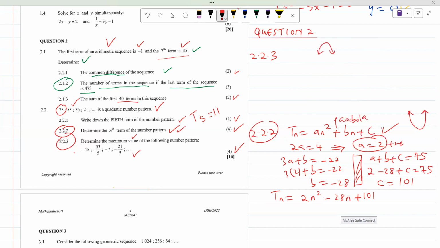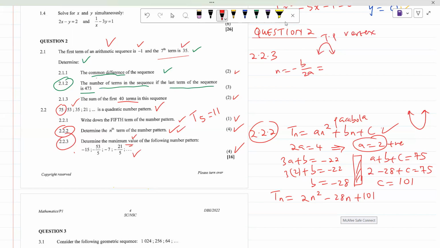Which means we can get a maximum value, and the maximum value is at the turning point, or at the vertex of the graph. So n is minus b over 2a. We want to find the n for which the maximum value exists, because it's at the turning point.